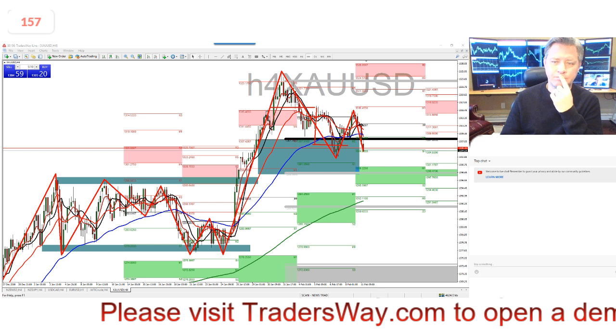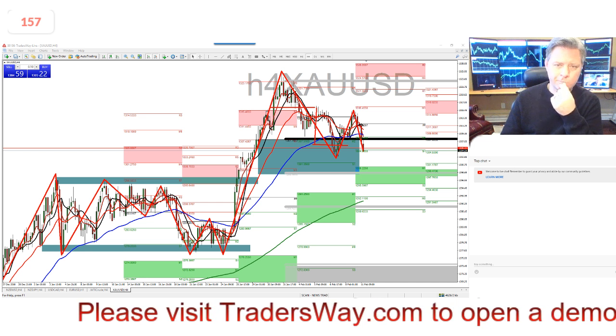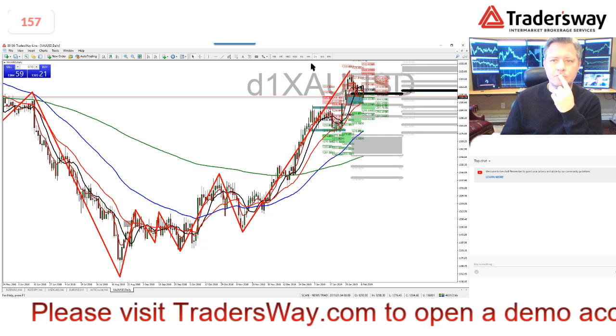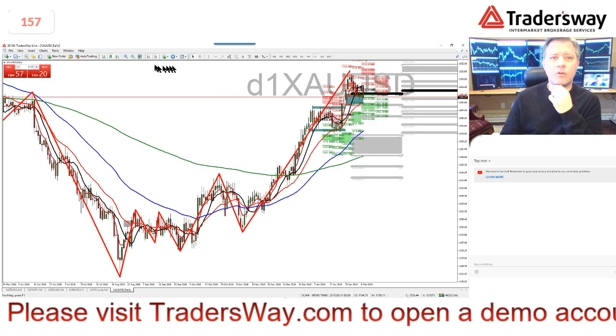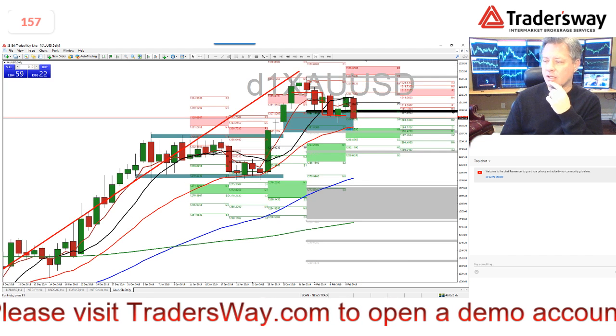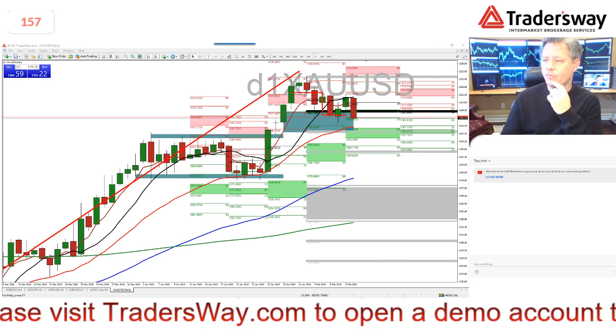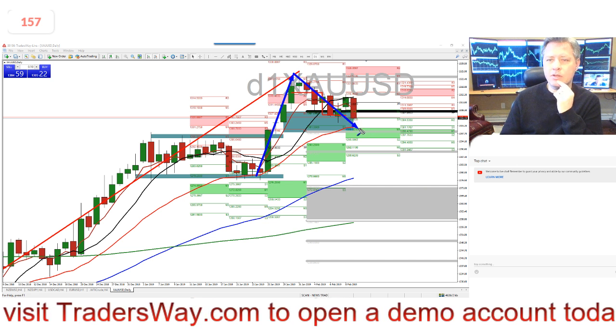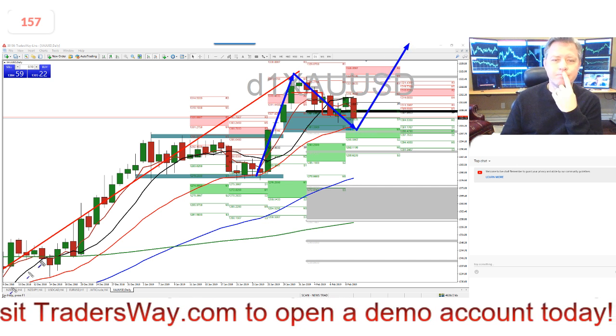Okay. So most likely this is a daily setup. And yeah, you can see quite clearly that it's just coming down to the daily 21. Okay, so this looks like the most likely play.